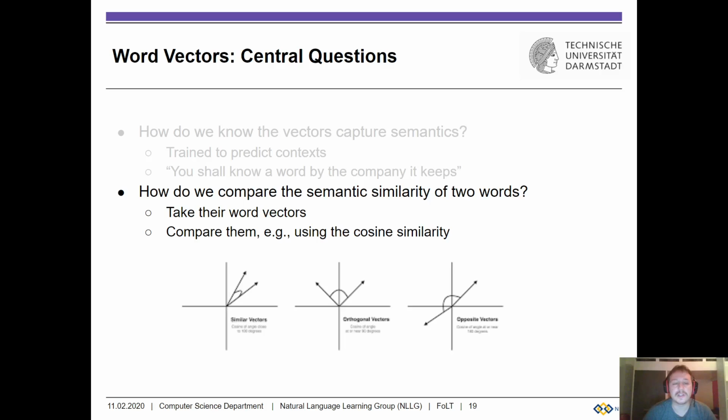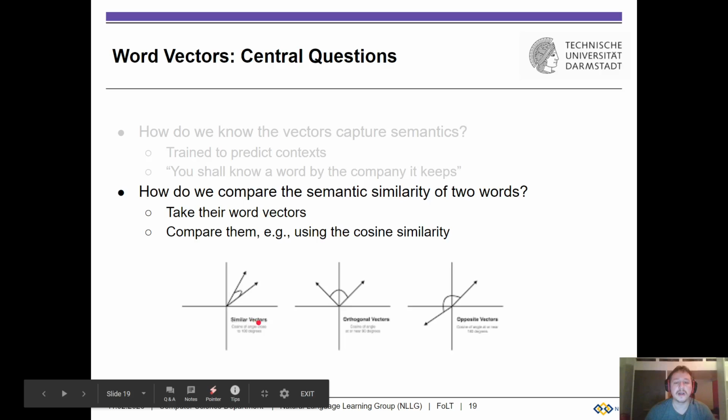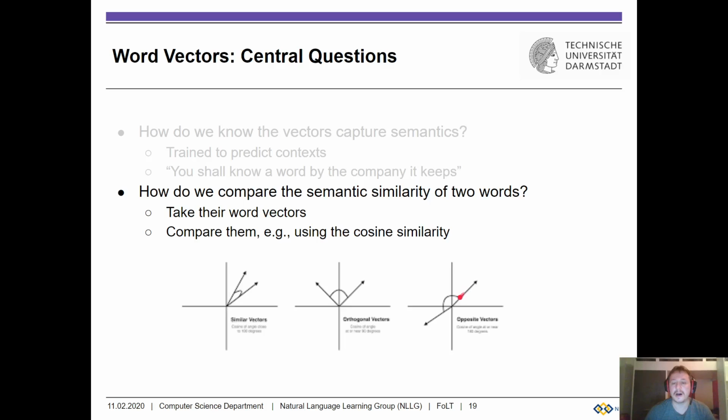One is the Euclidean distance between two vectors. Another one is what is called the cosine similarity, which measures the angle between two vectors. The smaller the angle, the more similar are the vectors, and the bigger the angle, the more dissimilar are the vectors. And by extension, the more dissimilar are the two words under investigation semantically.